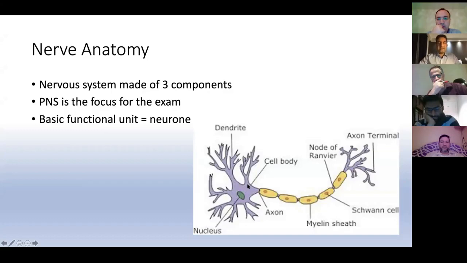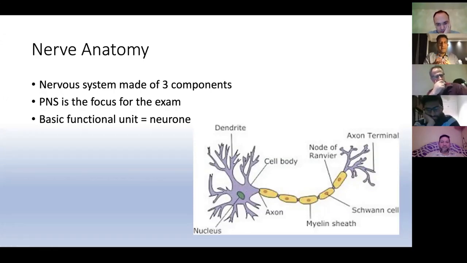And that's mainly needed to maintain the physical and physiological well-being of the axon. So the axon itself is where the impulses travel down to the axon terminal, where they then communicate via synapses with other nerves. And the axon may be surrounded by a myelin sheath, which is a fatty layer.